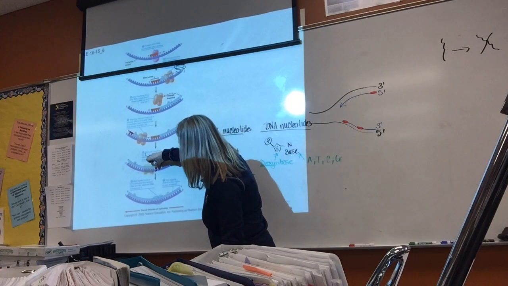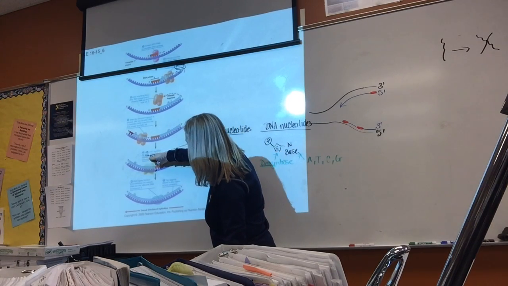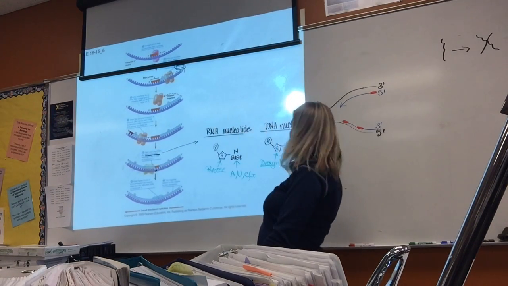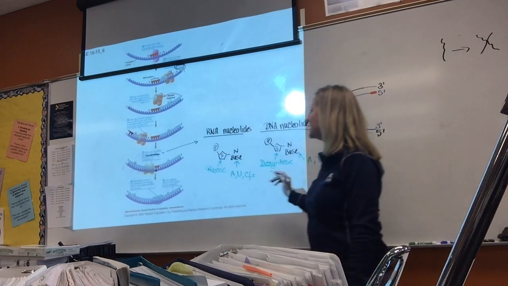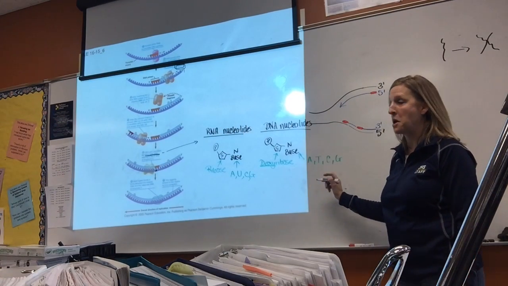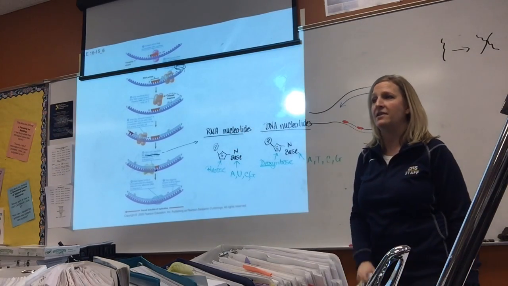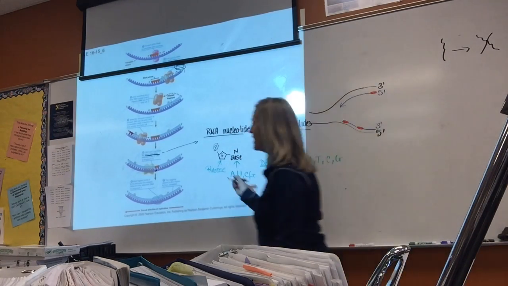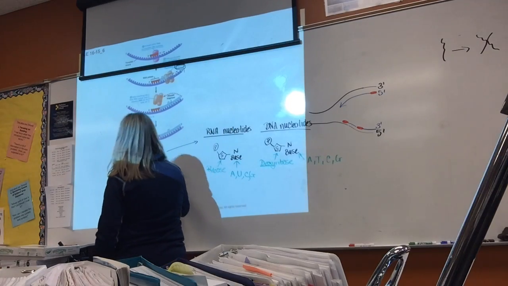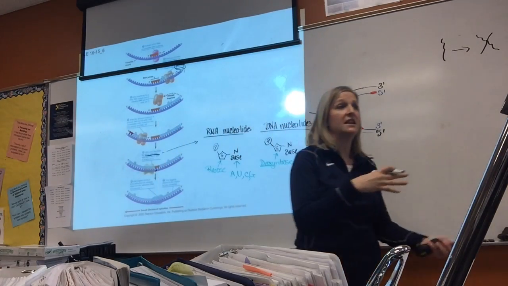And so when it replaces it, what does this mean? DNA polymerase 1 is going to pluck out the RNA nucleotide and replace it with a DNA one. Which DNA nucleotide would replace that to go with the A on the DNA? A T. So plug in and make it AT, and replace RNA with DNA.